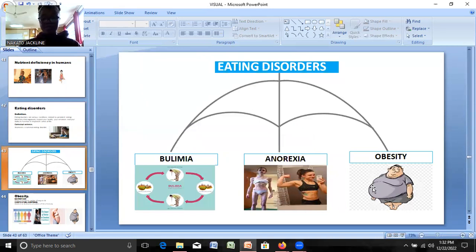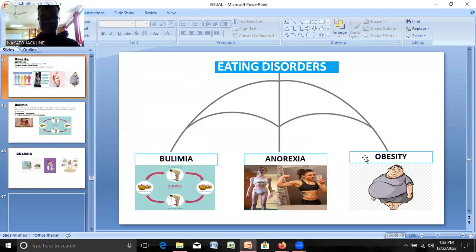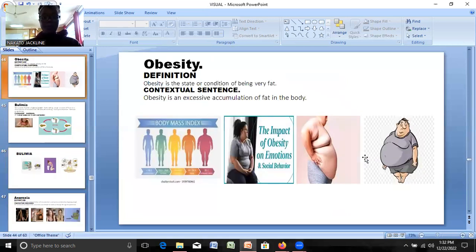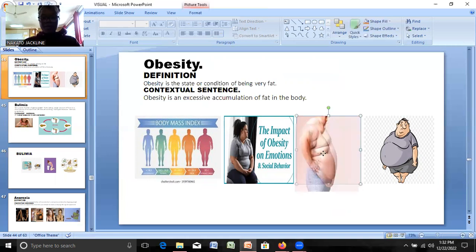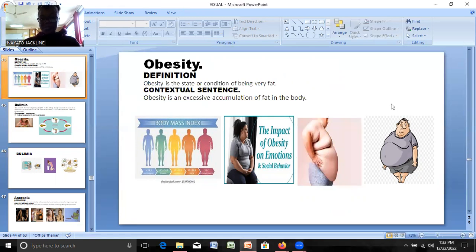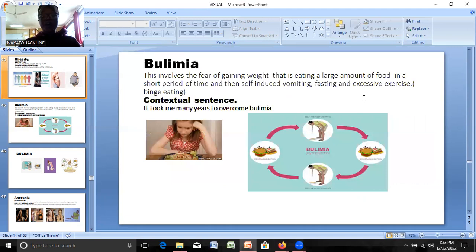We have bulimia, we have anorexia and we have obesity. When we come to obesity, this is a state of being very fat, being very huge. You eat food and you've grown very fat. So this means you have a lot of fats in your body. As you see these cartoons showing it clearly that if you eat a lot of food, a lot of fats, you will grow fat.